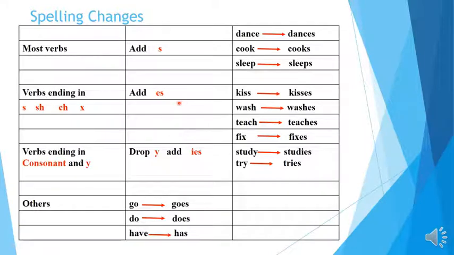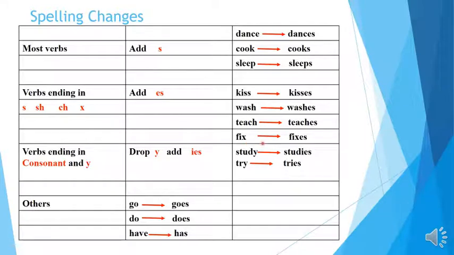And verbs ending in s, sh, ch or x, we add es. Look at the example. Kiss, ss, then you add es: kisses. Wash, it is sh, washes. Teach, ch, teaches.